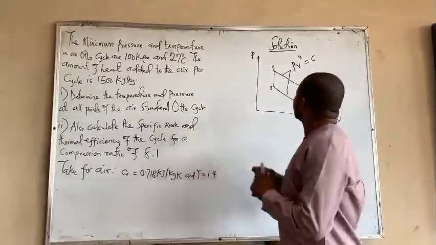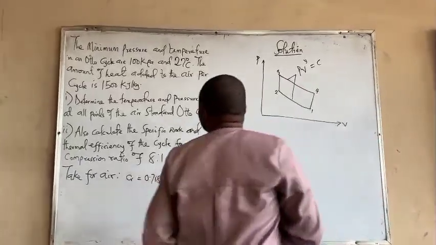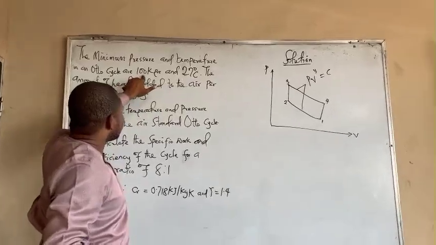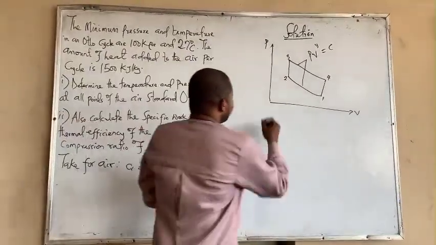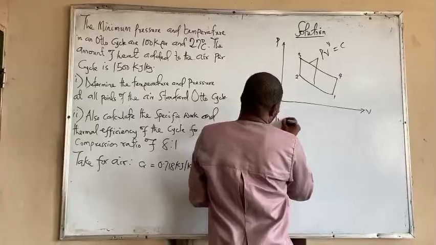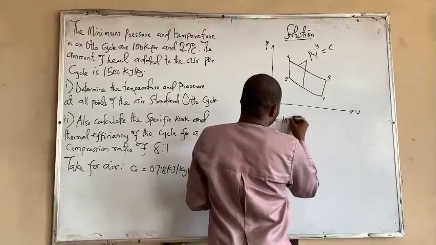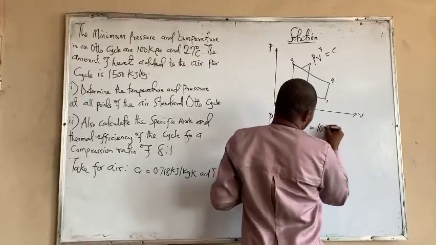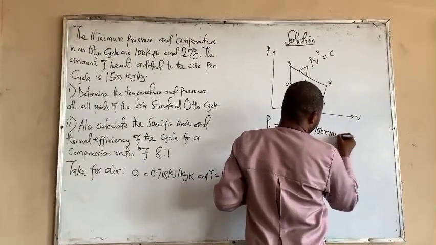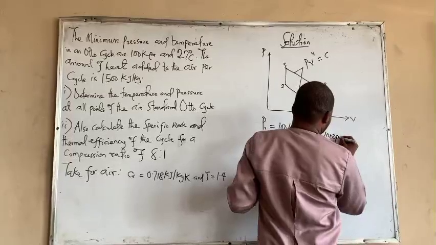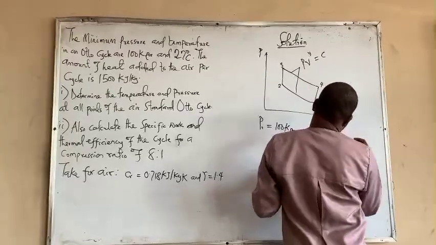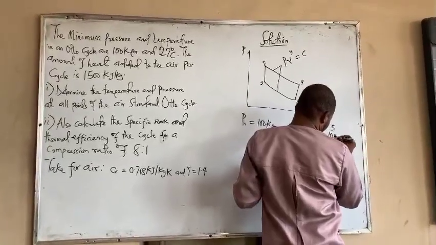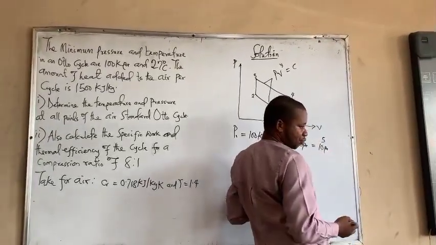Now, having described this, we are told that the first pressure and the first temperature are this and this. Meaning that our P1 is equal to 100 kilopascal, which is 100 times kilo, that is 1000, Pascal, which will further give 10 raised to power 5 Pascal or Newton per meter square.